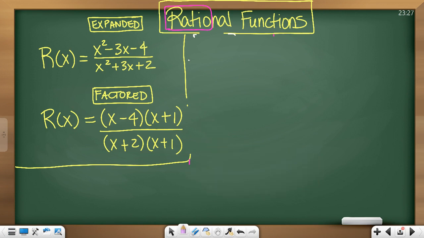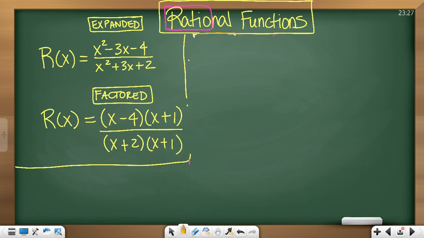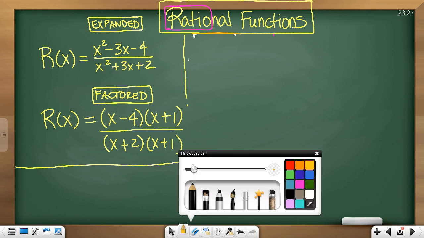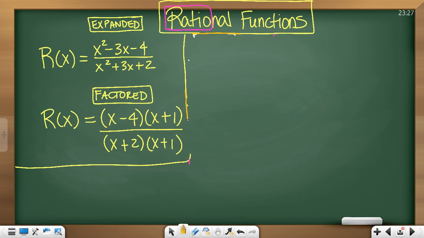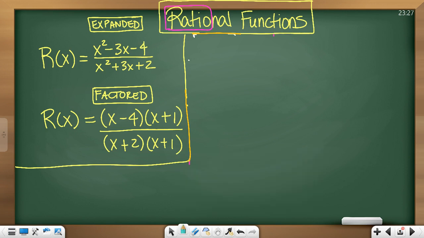All right. So here we go. Let me put my little lines back over here. Now we're going to look at horizontal asymptotes. For horizontal asymptotes, you don't use factored form.